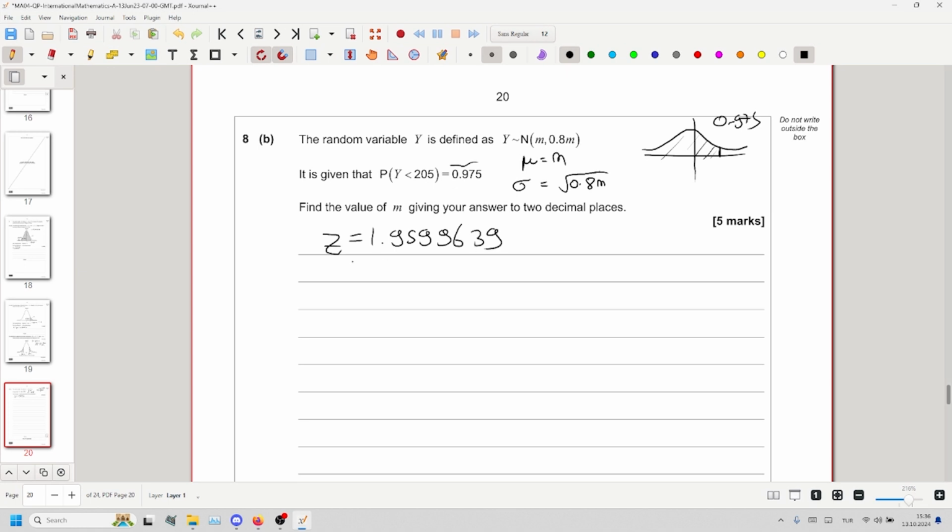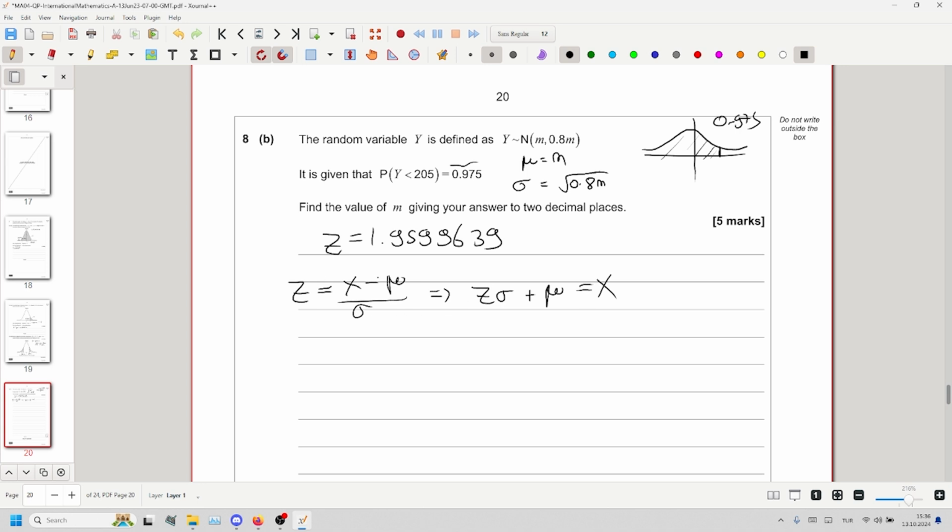It doesn't matter. So here we can use the formula that z equals x minus mu over sigma. So in this case, z times sigma plus mu equals x. So we can get an equation from this.